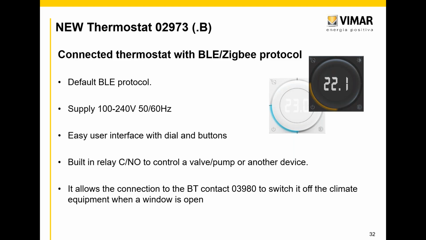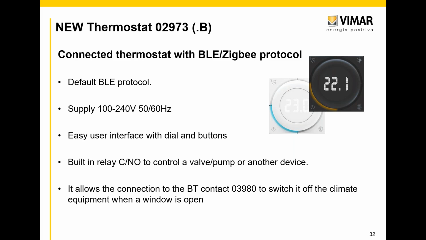So it is very immediate to understand the operation of the thermostat, without small icons that some people don't understand immediately. The user interface is very easy because it has an easy to adjust dial and a big display, so really very user friendly for the end user.